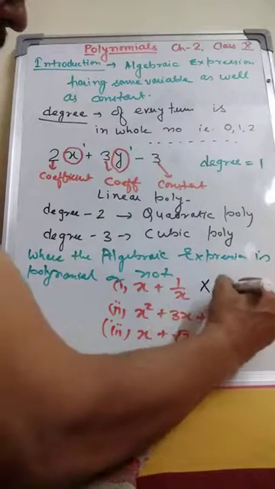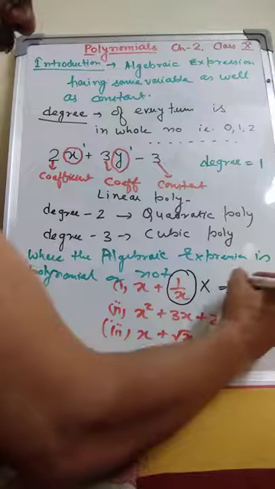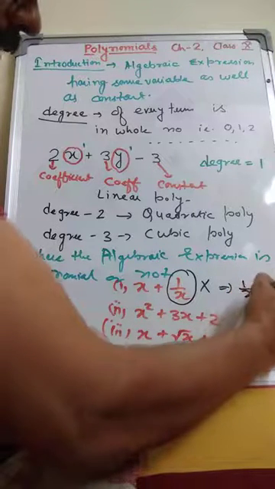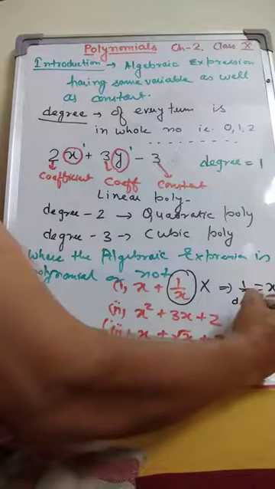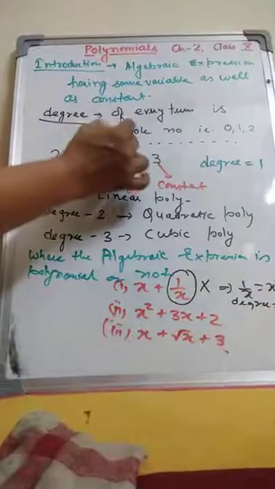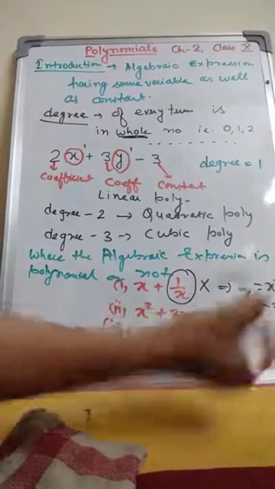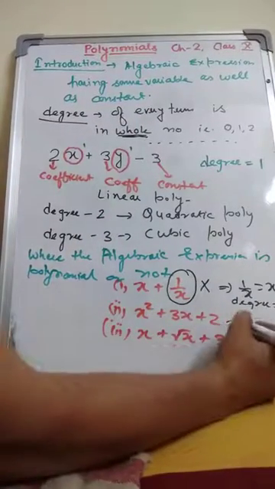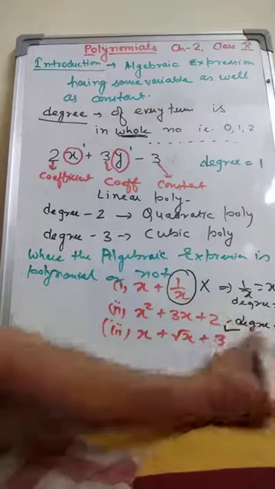This is not a polynomial because the degree of the term 1 upon x is x raised to the power minus 1, so degree is minus 1. As we had studied, degree must be a whole number. Minus 1 is not a whole number. Now the degree is 2 and this is a polynomial.